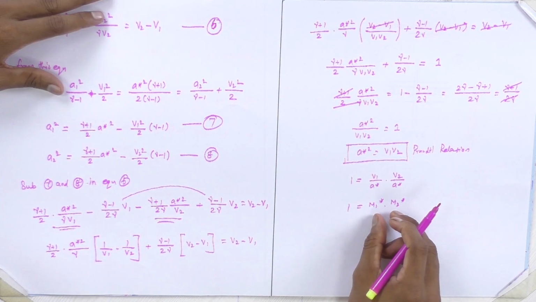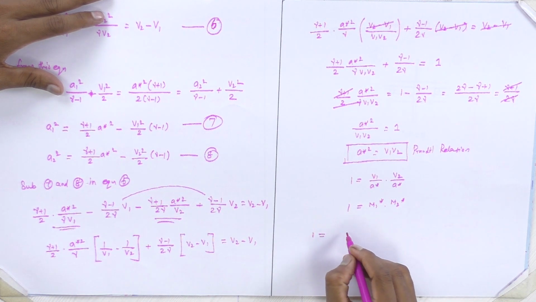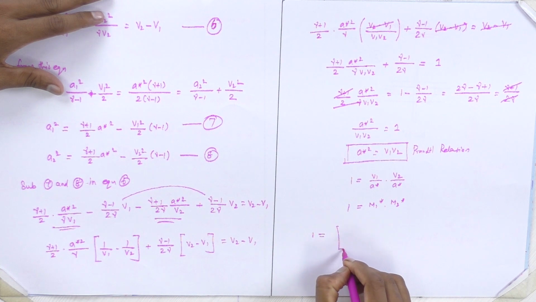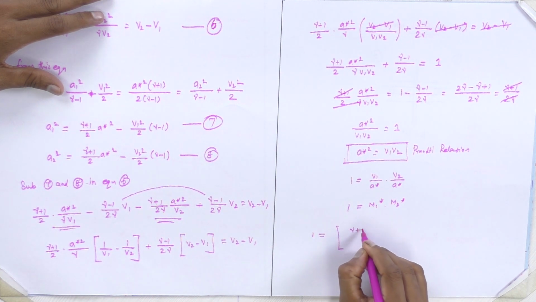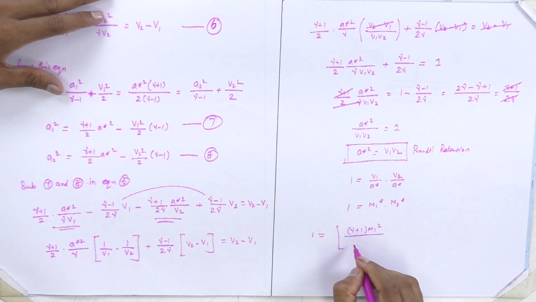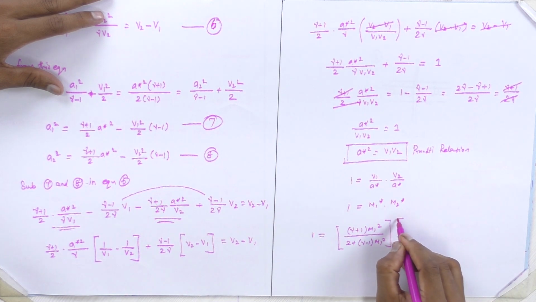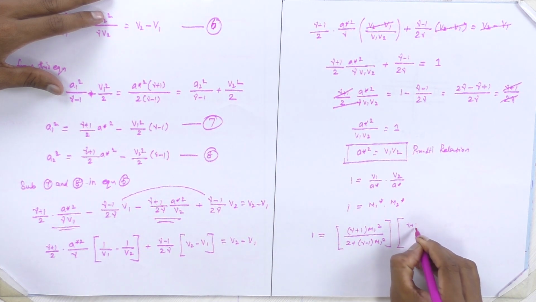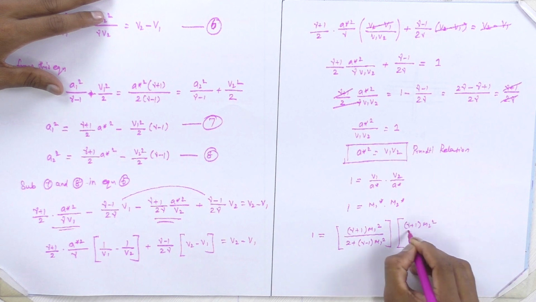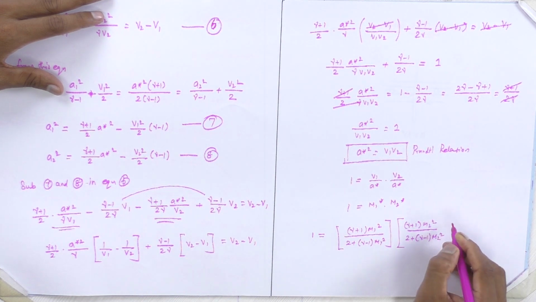From the characteristic Mach number relation, 1 is equal to, where m1 star is (gamma plus 1) into m1 square divided by 2 plus (gamma minus 1) m1 square, and m2 star is (gamma plus 1) m2 square divided by 2 plus (gamma minus 1) m2 square.